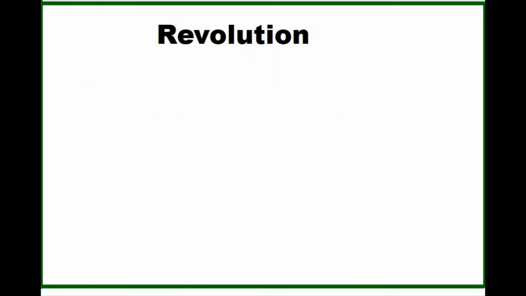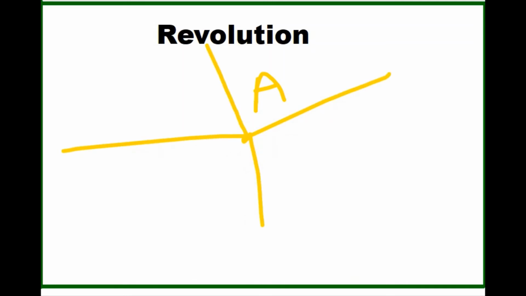Then our next type of angle or term is the revolution. The revolution is the sum of angles around a point. So if you have a point A, and let's say there are lines that divide the angle A. This angle plus this angle plus this angle plus this angle makes a revolution.